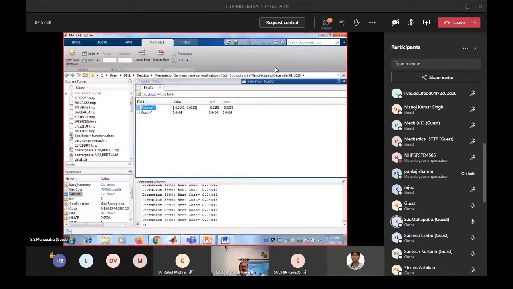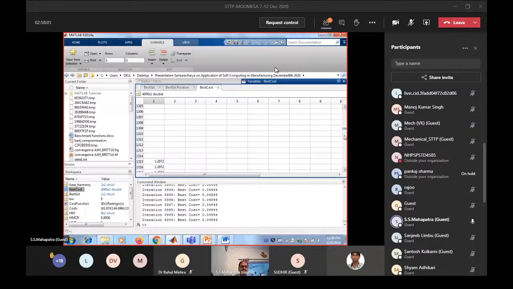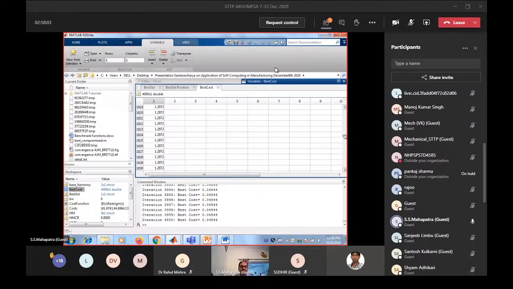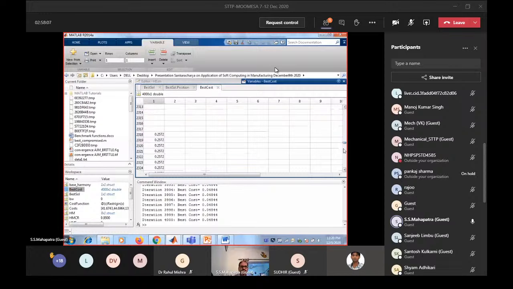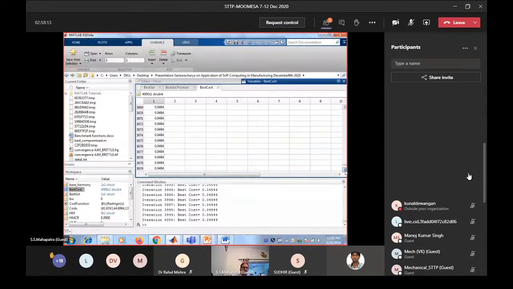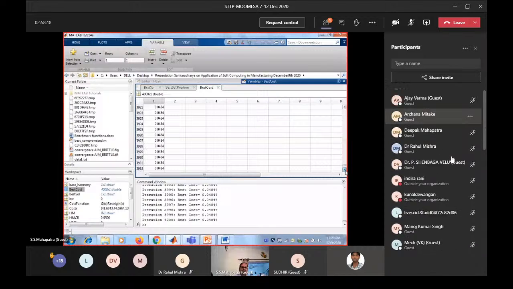So the best solution is this one, and this is the best cost. It needs some more iterations to get x1 equal to 0, x2 equal to 0, and fx equal to 0.